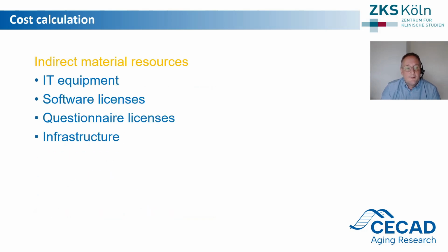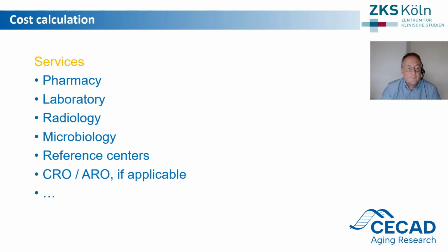In contrast to that, there are the indirect material resources like the IT equipment, software licenses. If you use questionnaires in your clinical trial, maybe licenses for using these questionnaires, and of course, resources for the infrastructure you use.